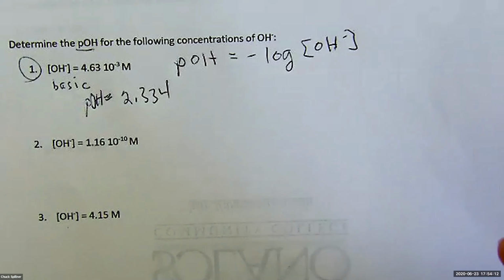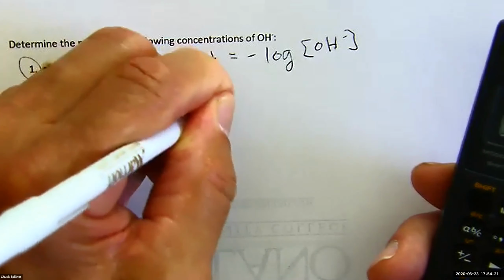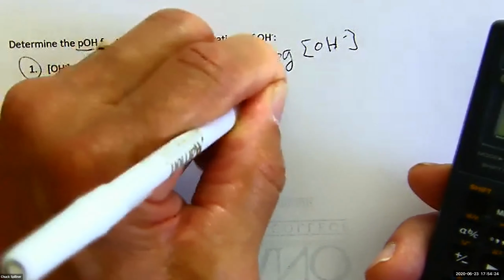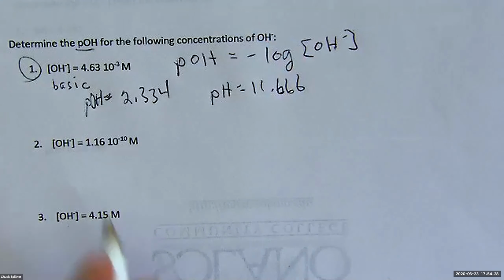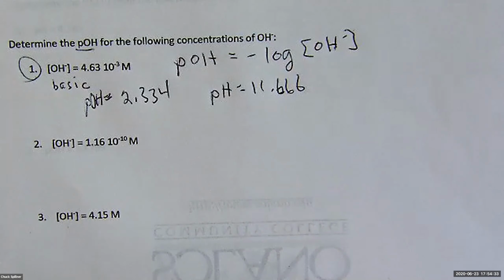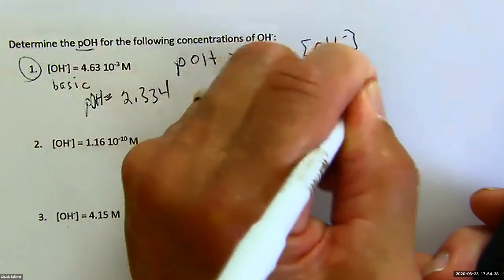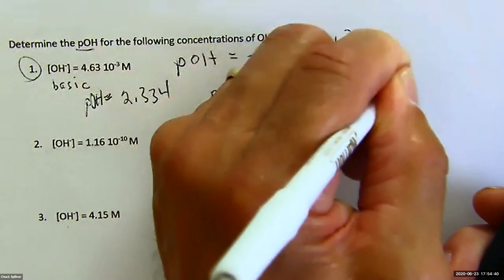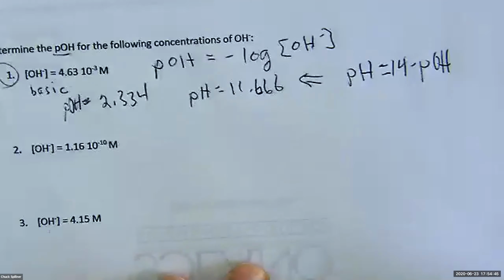Well, the easy way is to subtract it from 14. 14 minus 2.334 comes out to be 11.666. So these are all consistent with the solution being basic. So remember, to get the pH, I got that because pH is equal to 14 minus pOH. Okay.